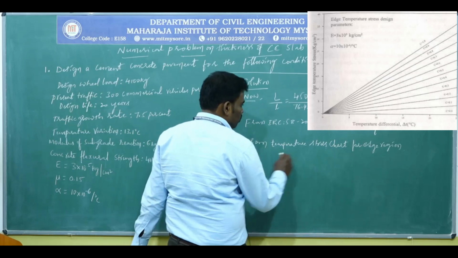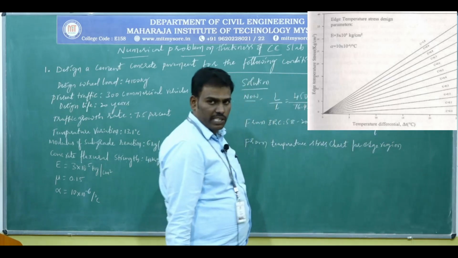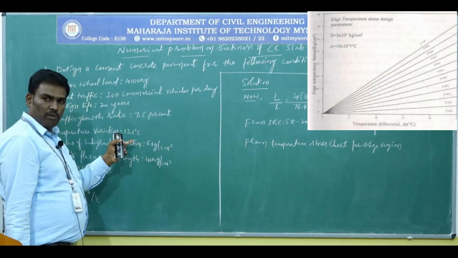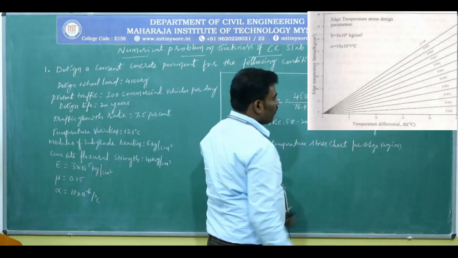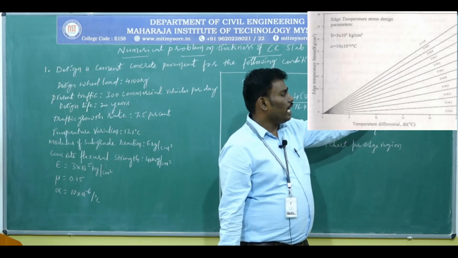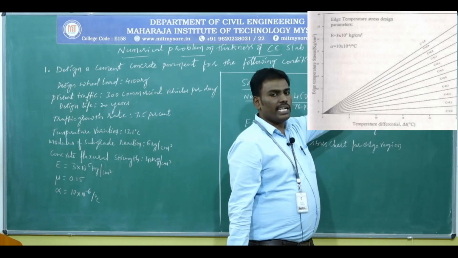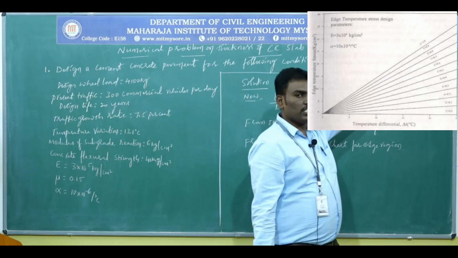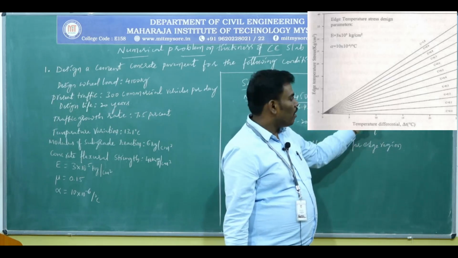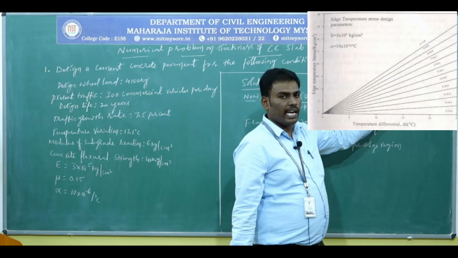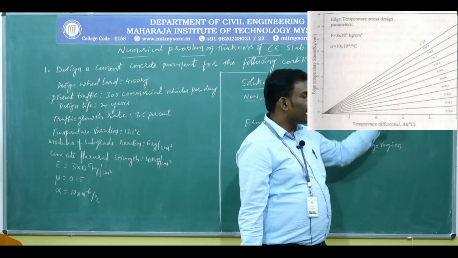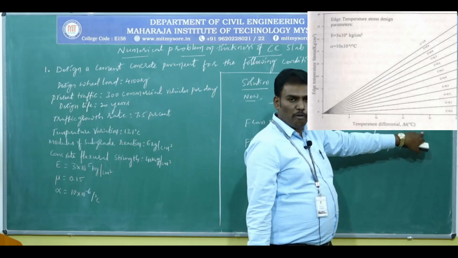So we have 0.9 as your coefficient C, and they have given the temperature differential delta T of 13.1 degree centigrade. Go to your edge stress chart. In the x-axis, for about 13.1 degree centigrade, draw a vertical line parallel to the y-axis till that line touches the coefficient curve of 0.9.